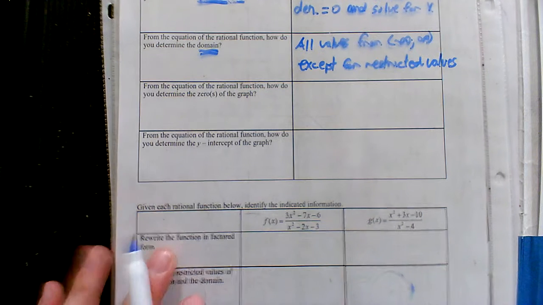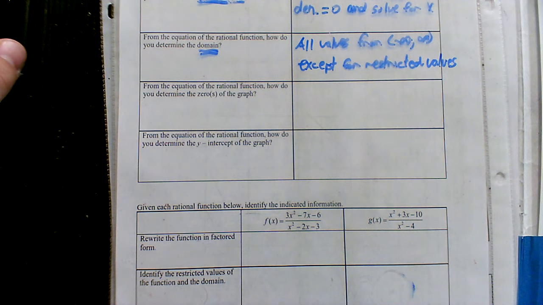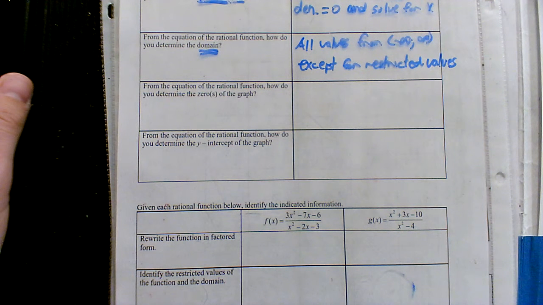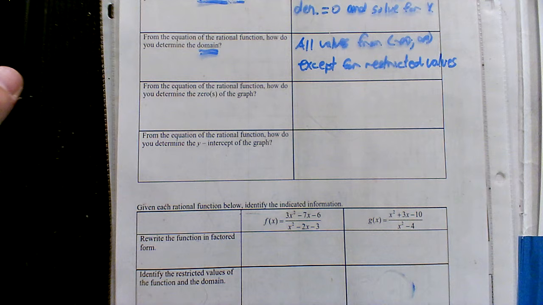From the equation of the rational function, how do you determine the zero or zeros of the graph? So not looking at the graph, but just looking at the rational function, how do you determine what the zeros of your graph would be? How do you determine what the zeros would be? We did this on the front side too.